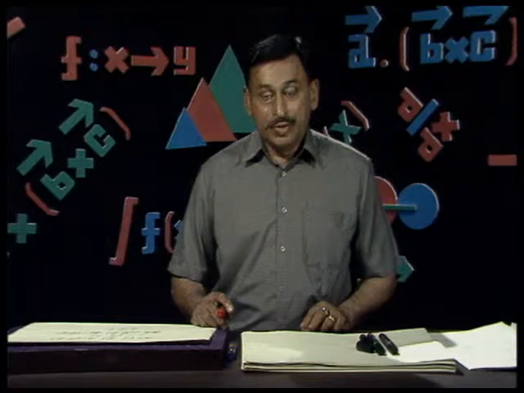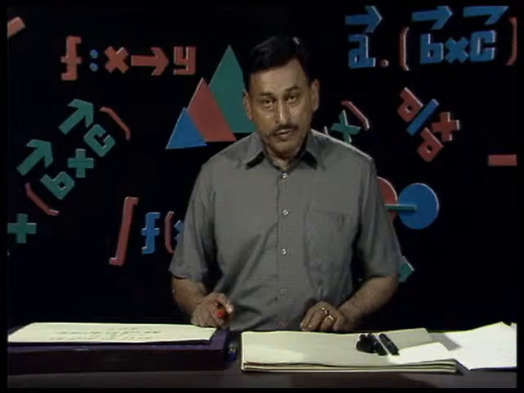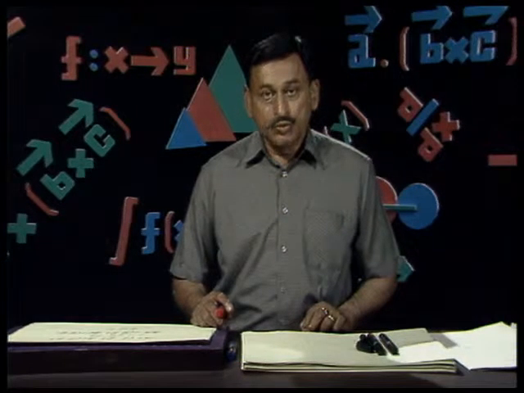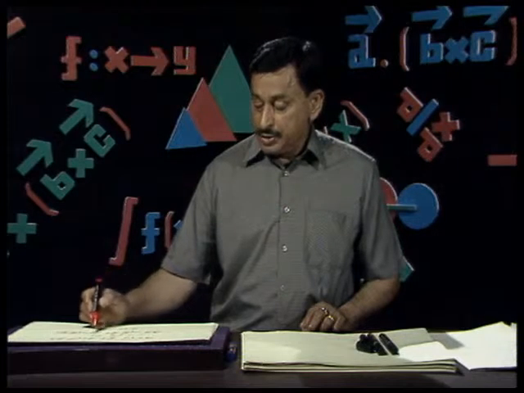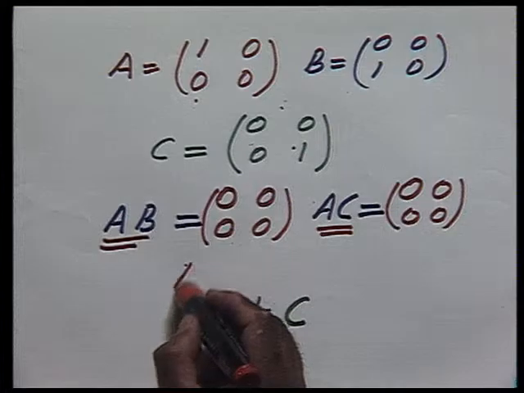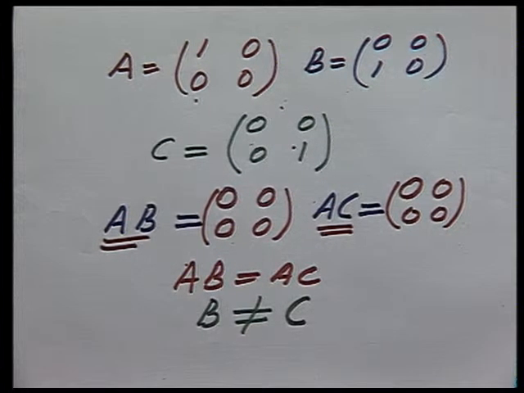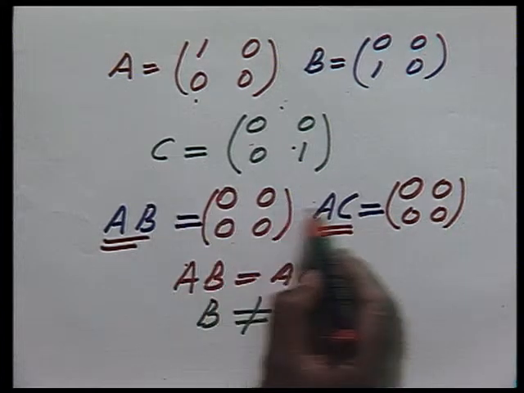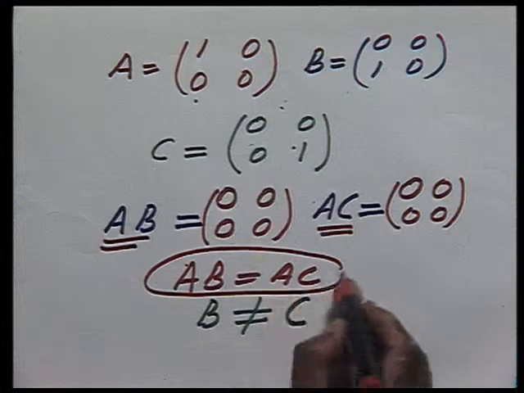When we looked at the original matrices, none of these three was a 0 matrix, and still AB and AC are coming out to be equal. Can I say that AB is equal to AC? Surely, because every element matches.